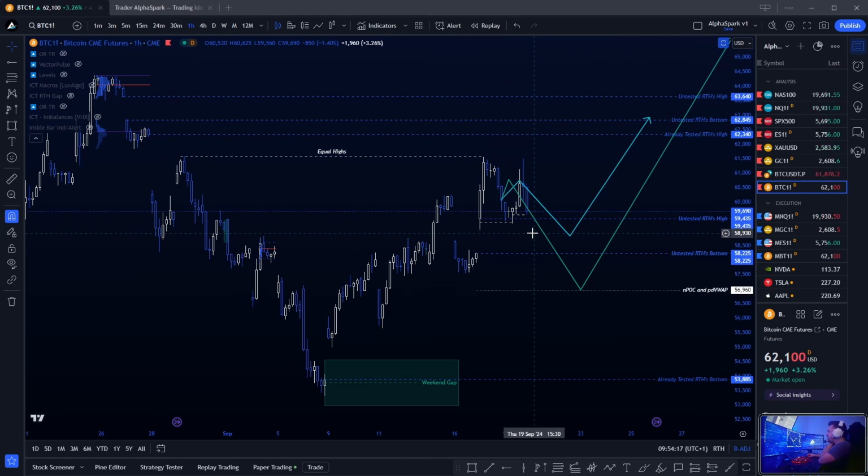As a result, I was expecting it to go to another one that is not filled, maybe this one, which was not yet tested. As New York opened here, it went straight down. It didn't test this area again, and the next day also went down. So this was left open, so to speak.